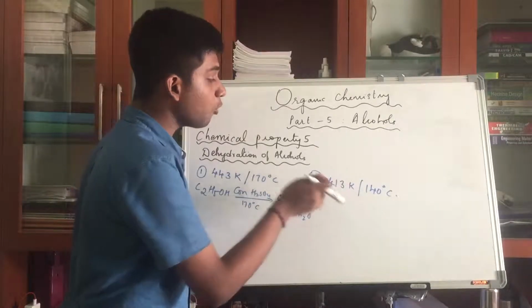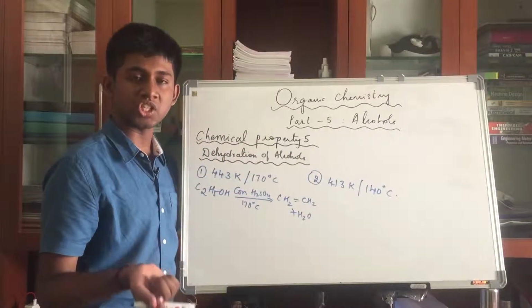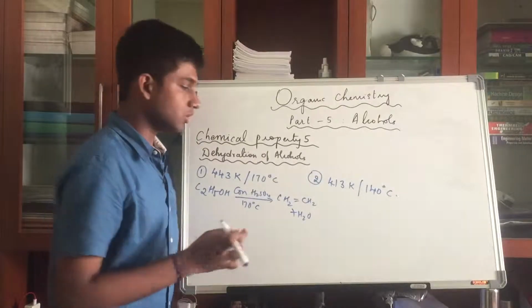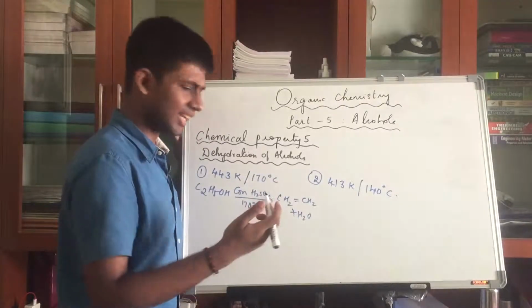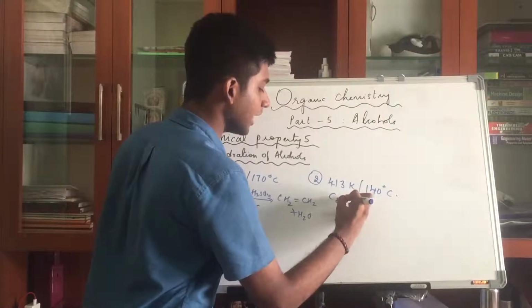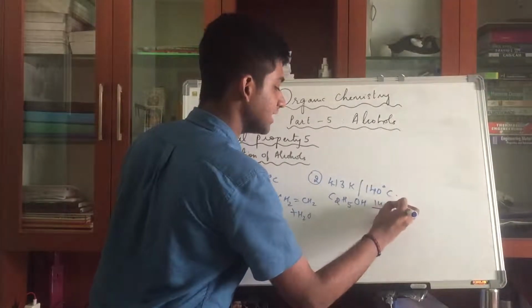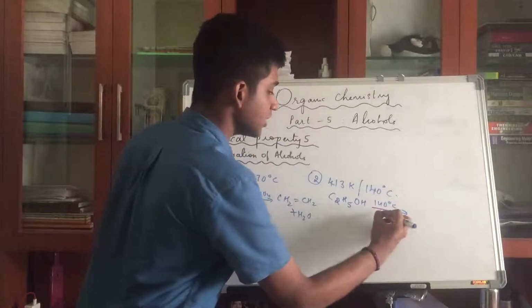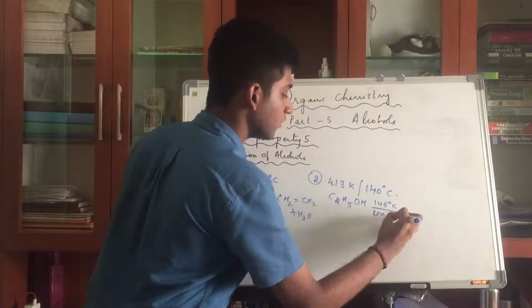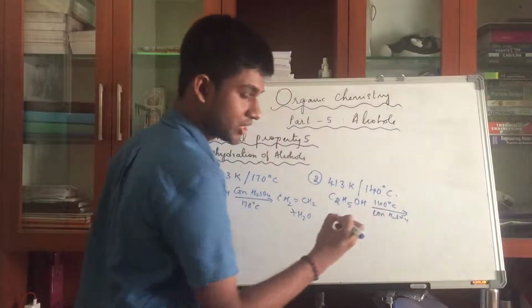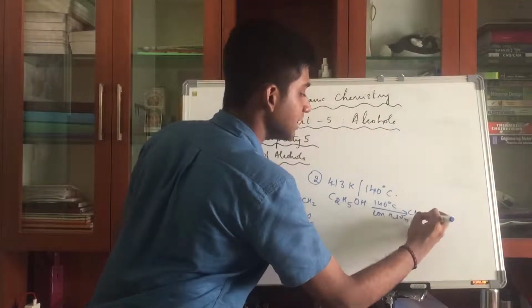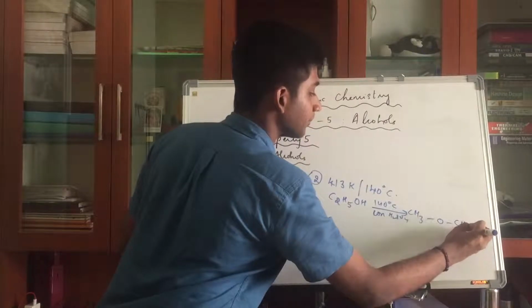If you take 413 Kelvin or 140 degrees Celsius, you will get an ether. Let's write the reaction, which is again very simple. If you have C2H5OH at 140 degrees Celsius with conc H2SO4, because of the difference in temperature, the product will be CH3OCH3.